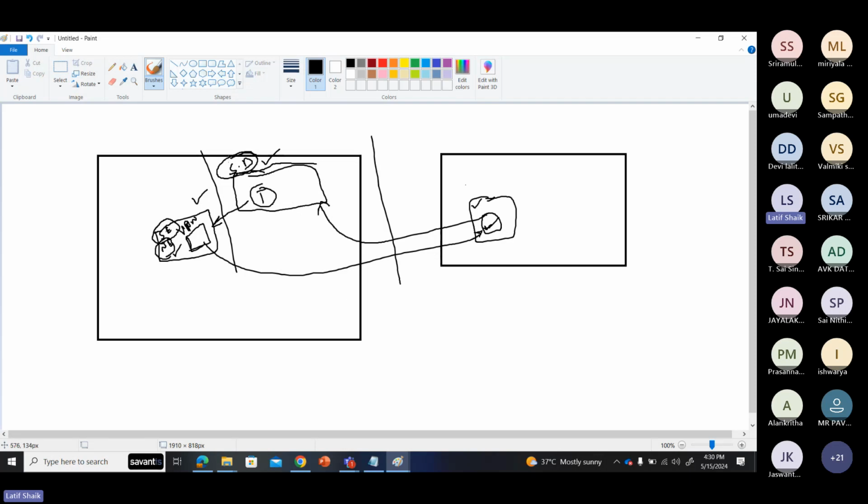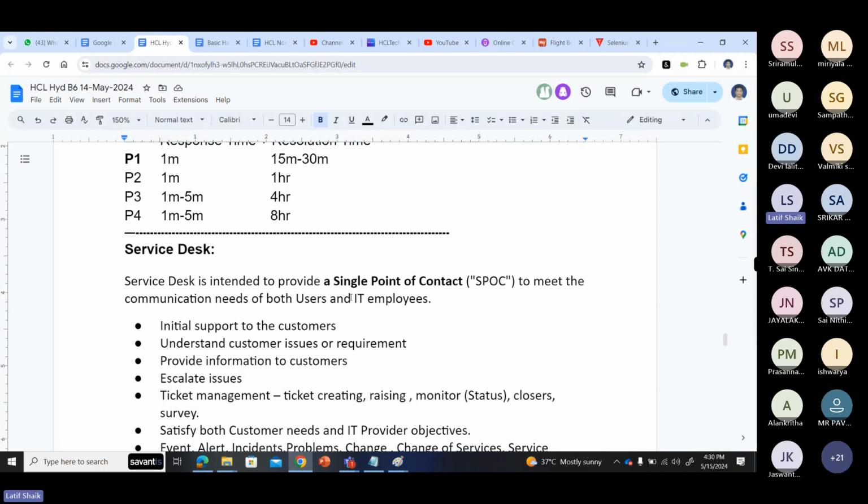That's why it is a single point of contact between the IT employees and the users, clients or customers. Service desk is intended to provide a single point of contact, meaning SPOC, to meet the communication needs of both users and employees.